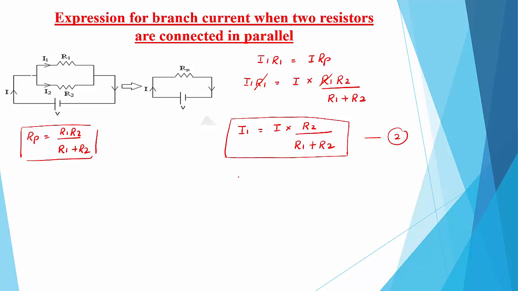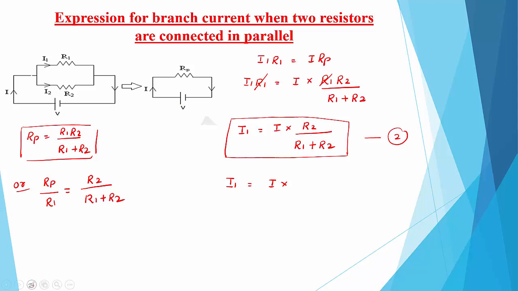Or I can also rewrite this equation as I1 equal to I into, what is the expression for Rp? Rp equal to R1 R2 divided by R1 plus R2. Or we can write this equation as, R1 we can take on LHS side, it will go to denominator. Rp by R1 equal to R2 divided by R1 plus R2.